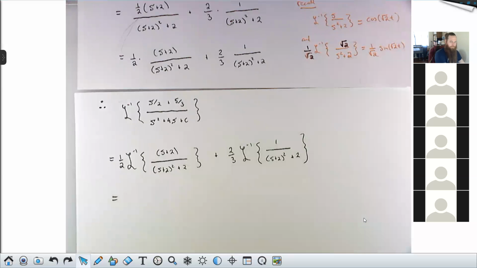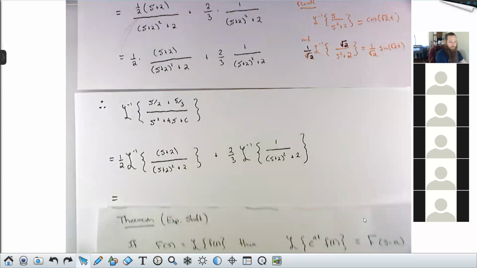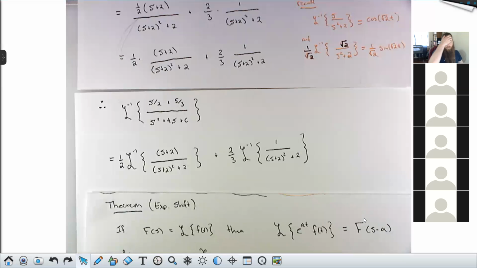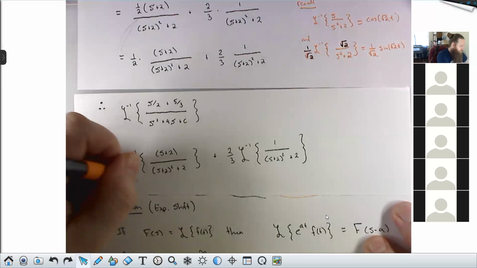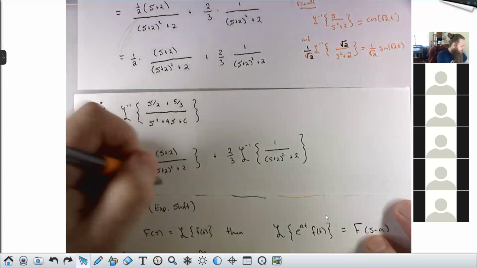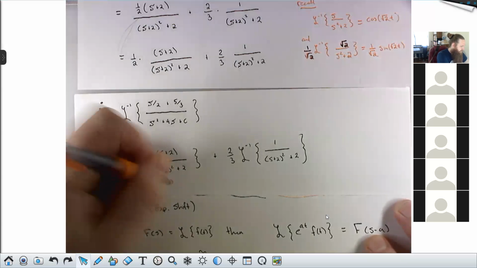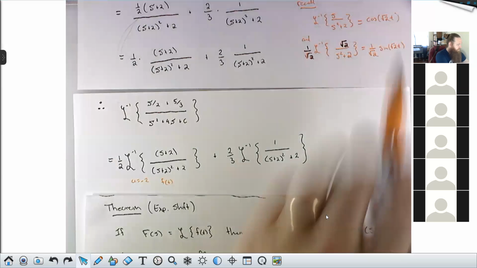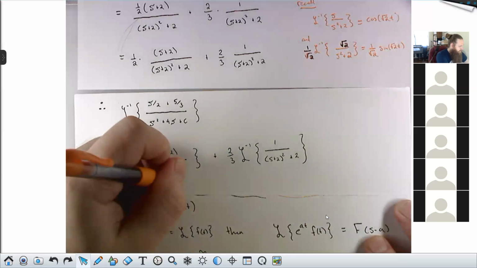So again, here a is -2 and f of t would be this guy, the cos of root 2t.